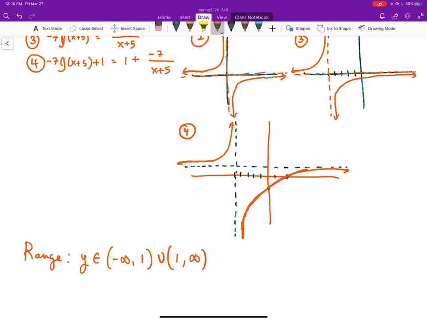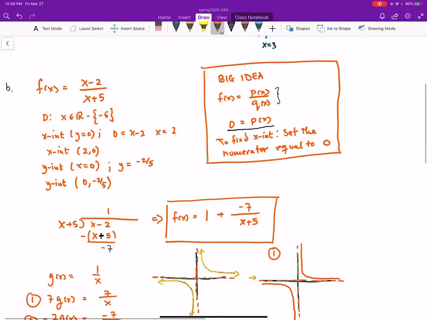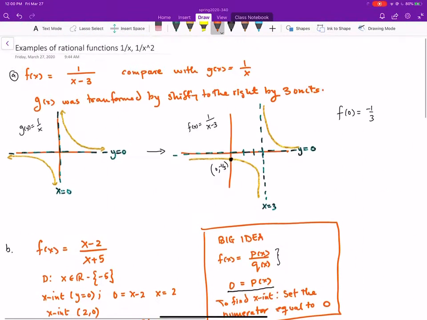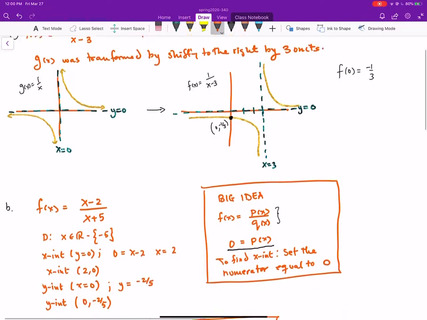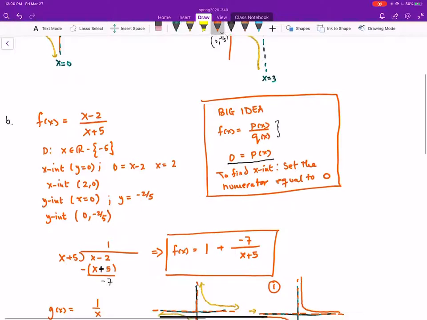Okay, so we're using transformation of 1 over x to do most of your assignments for today. But make sure you understand these two examples.